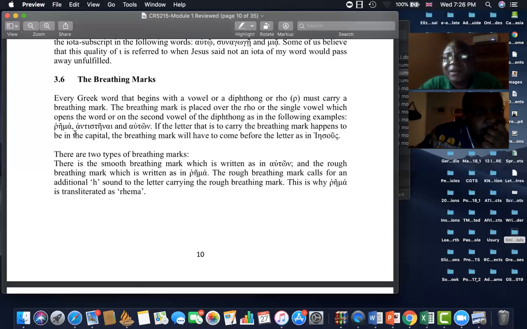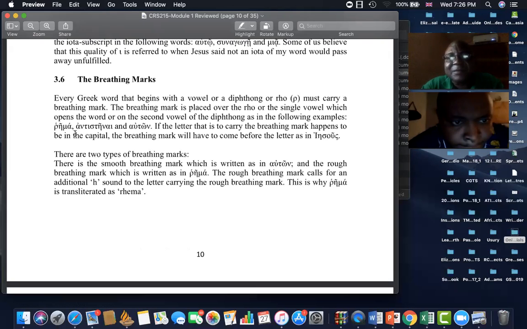The next word is antistenai. If you look at the alpha, which is the first letter, you will see another mark on top of it. It looks like an inverted comma, close. So that's a breathing mark. The third word is outone, which is started by a diphthong. So on the upsilon, the one after the alpha, you see another mark there.